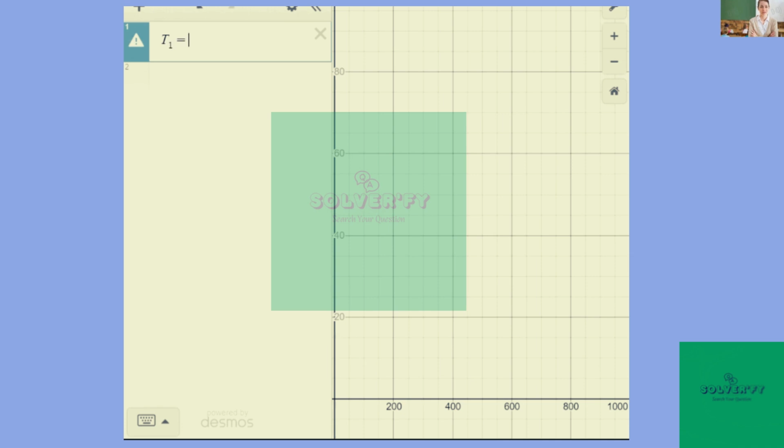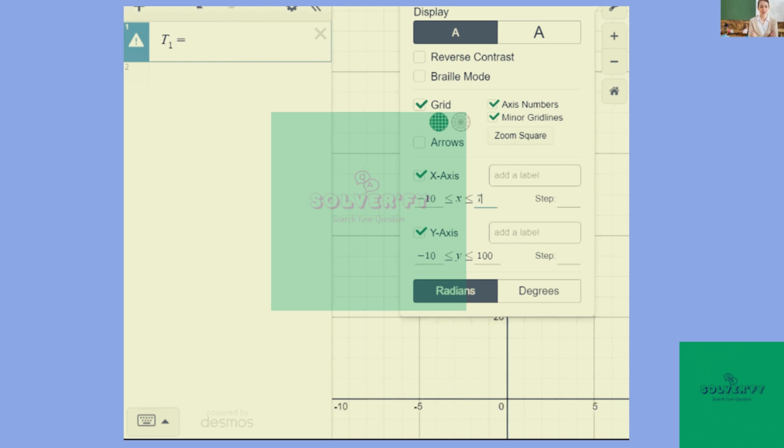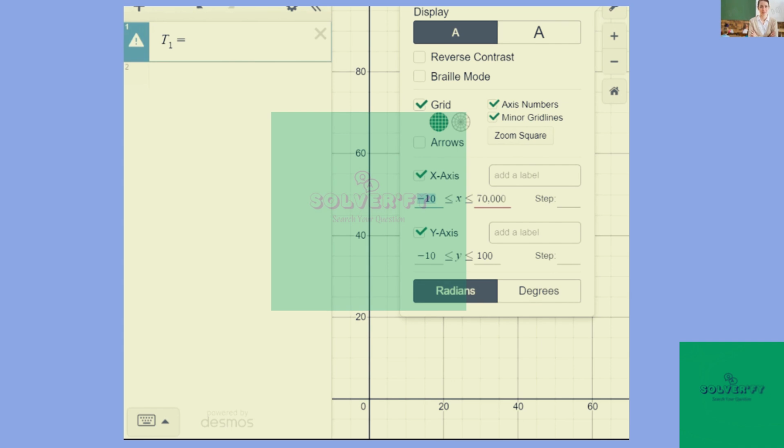We also have to adjust the x value because it ranges from 0 all the way to past 60,000. So maybe let's go with above 70,000.